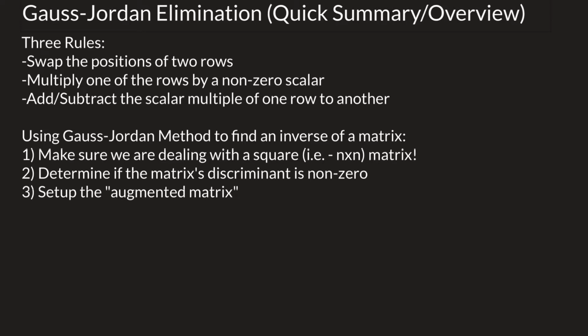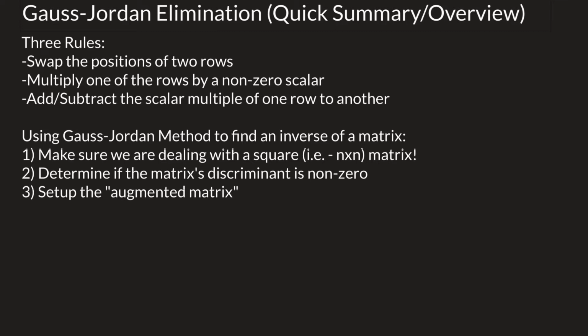And then we could also, after we multiply one of the rows by a non-zero scalar factor, add or subtract that row with any of the other rows in the matrix. Okay, so we're going to practice using those three rules throughout the example that I'm going to lay out next. But first, let's go through a quick overview of how we use the Gauss-Jordan elimination method to find the inverse.